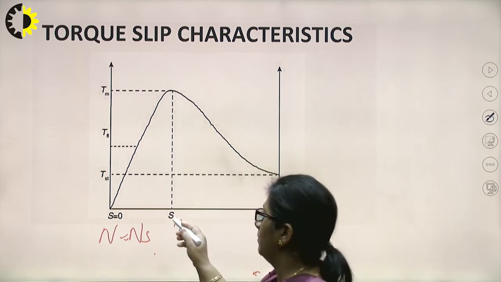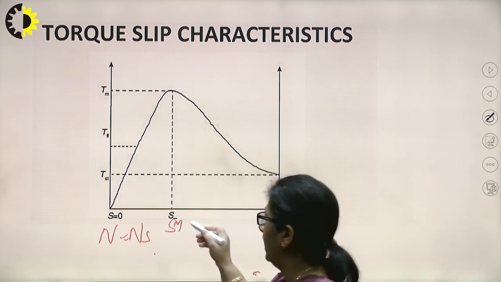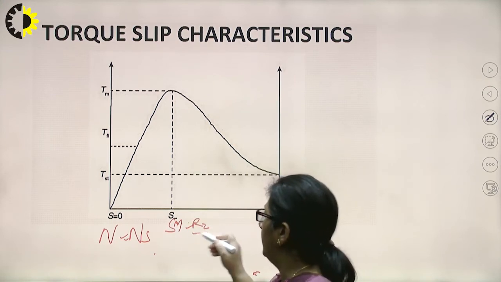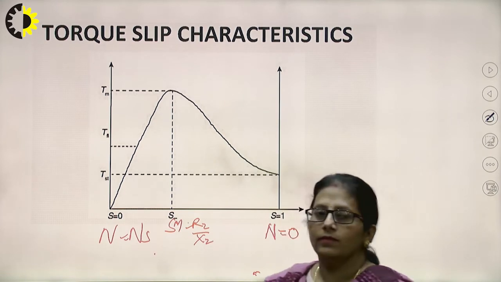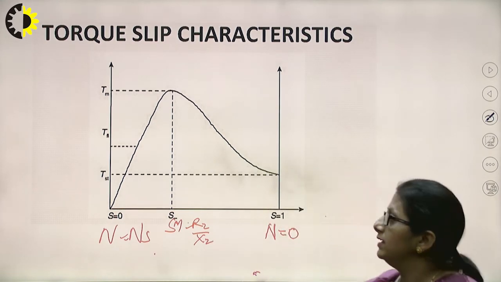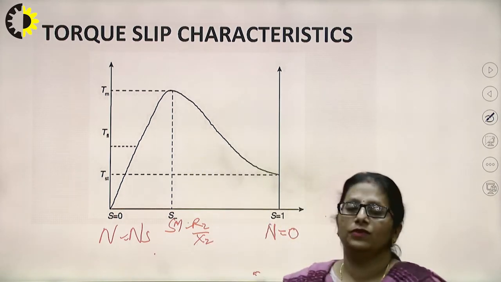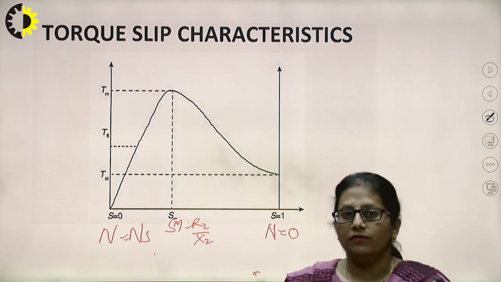This is the slip corresponding to the maximum torque and is given by R2 by X2, right? So it can be seen now, this is the characteristics for a three-phase induction motor. It can be divided into two portions.